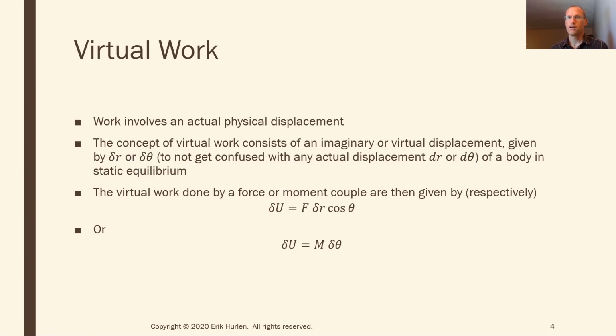Then virtual work is defined very similarly to what we had before. Delta U is my force times my imaginary displacement times, again, the cosine of the angle between them. That's my dot product, same as before. Or rotationally, my work is the moment times the imaginary rotation.